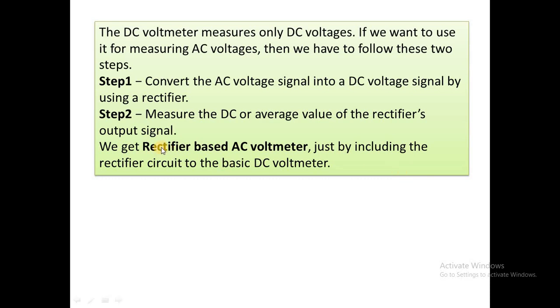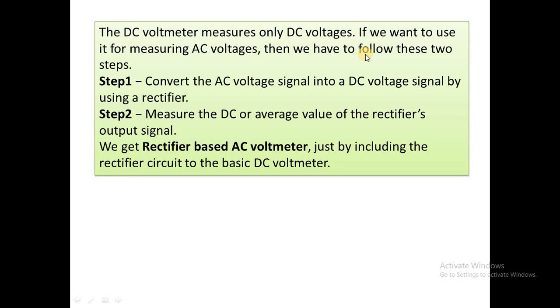After that we are going to discuss the AC voltmeter. How can we get the AC voltmeter? The DC voltmeter is useful for measuring DC voltages only. If you want to measure AC voltages, we have to follow two steps.